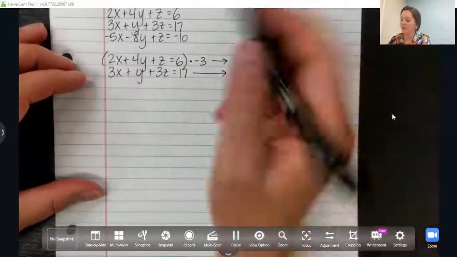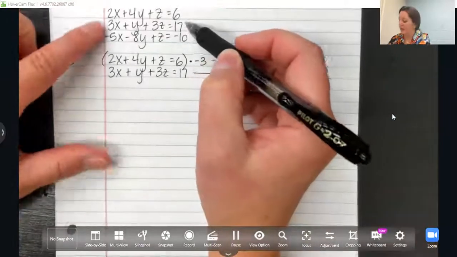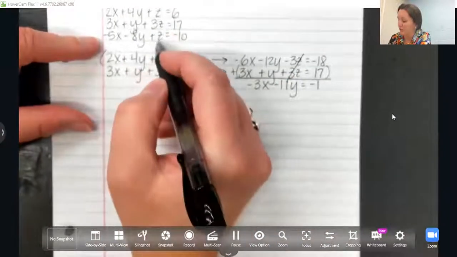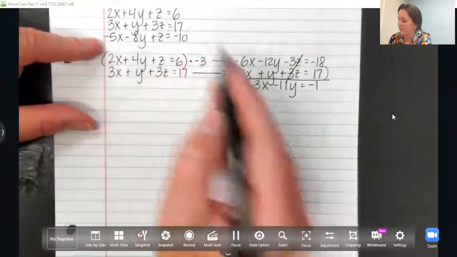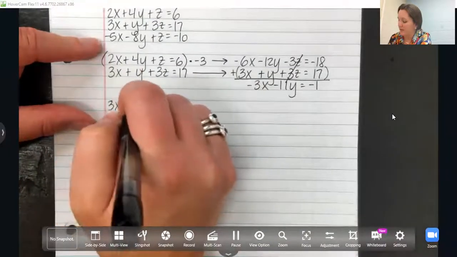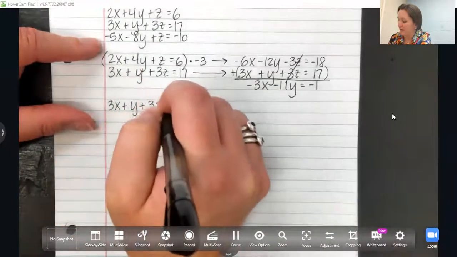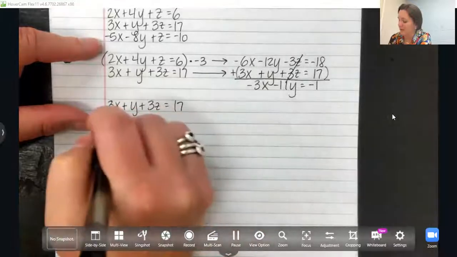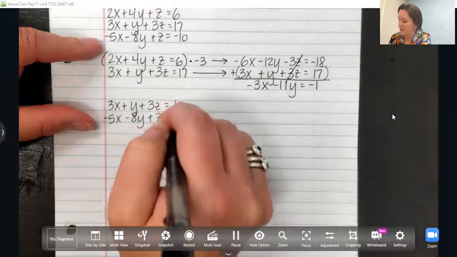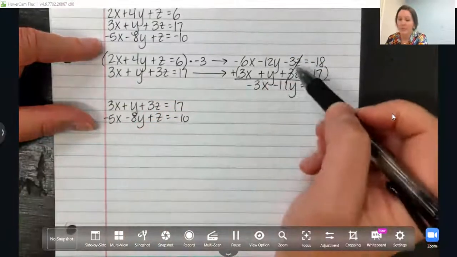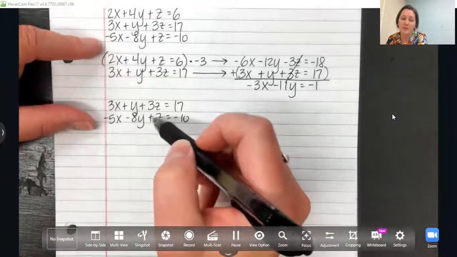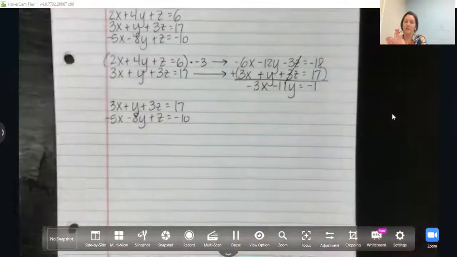We started with the first and second one. Let's go ahead and do the second and third one. We could choose the first and second one too. So we'll do 3x plus y plus 3z equals 17 and negative 5x minus 8y plus z equals negative 10. If we eliminated the z's in the first two equations, we have to eliminate the z's here too, or you wouldn't have x and y left.